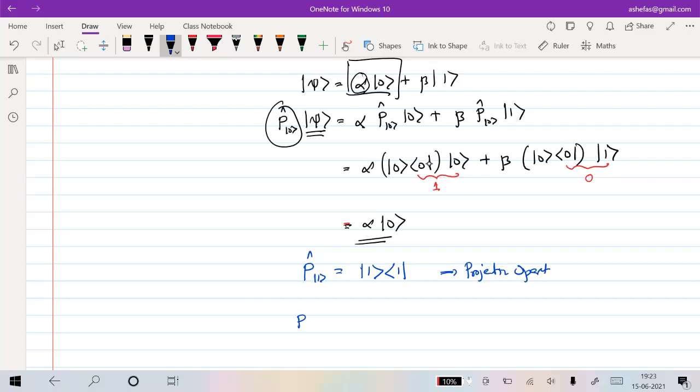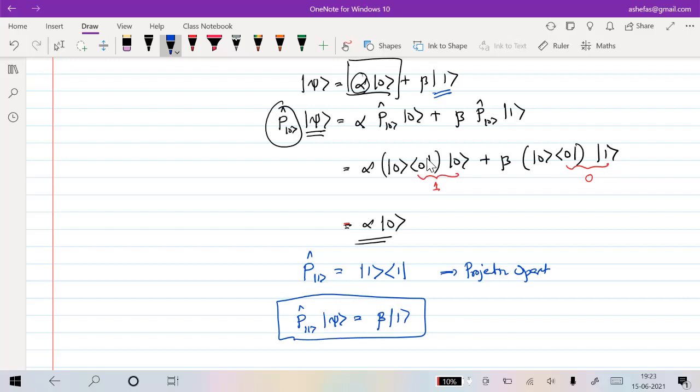Now, what would be the result of P1 acting on psi? This operator projects the vector psi onto the vector |1>, and we'll get beta times the vector |1>. So I think this illustration gives some idea about what is meant by projection.